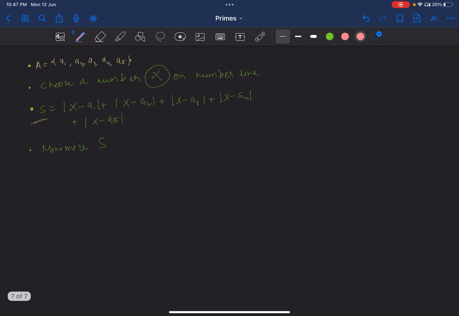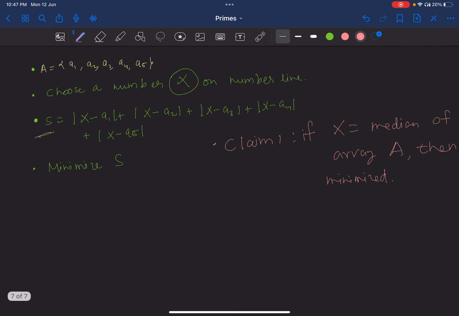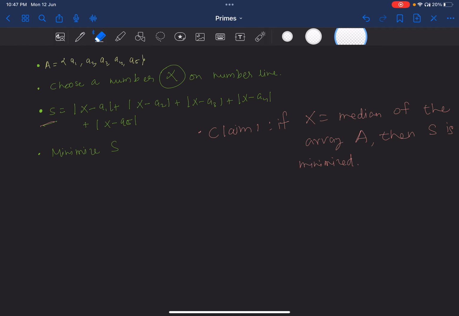Our claim is that if x equals the median of the array A, then S is minimized.